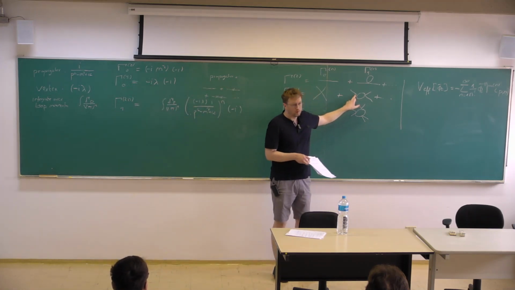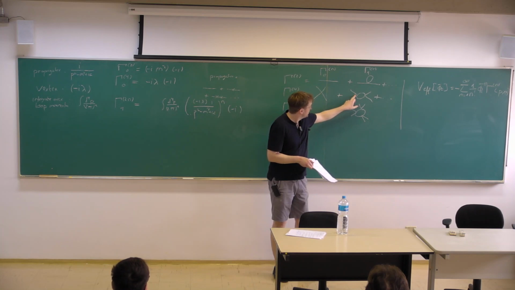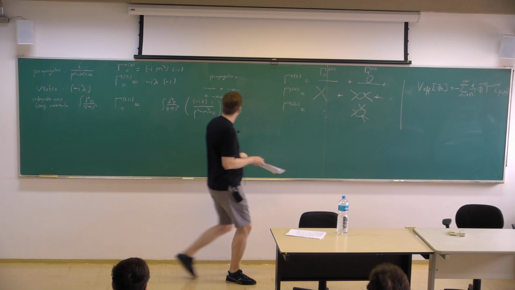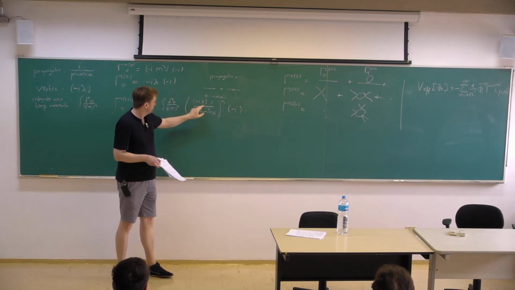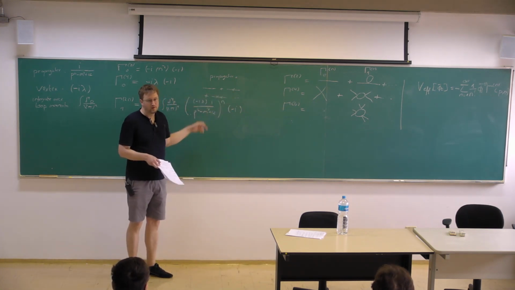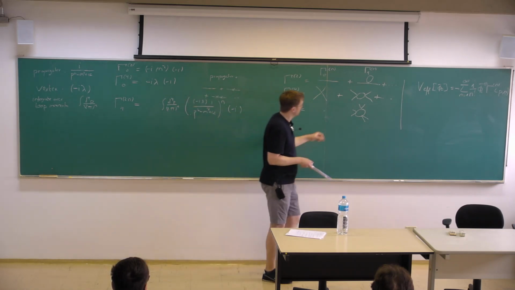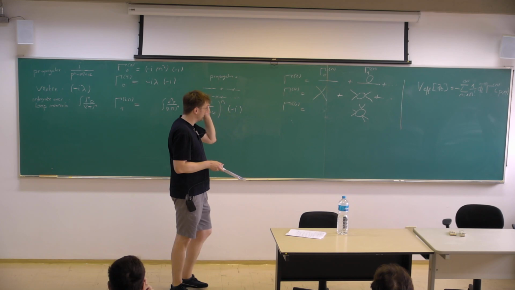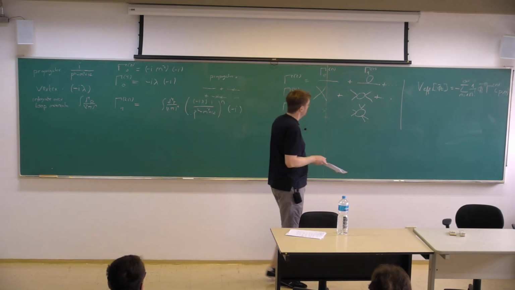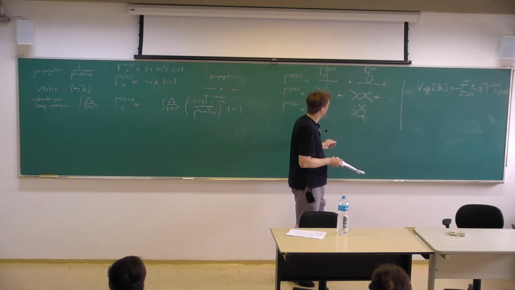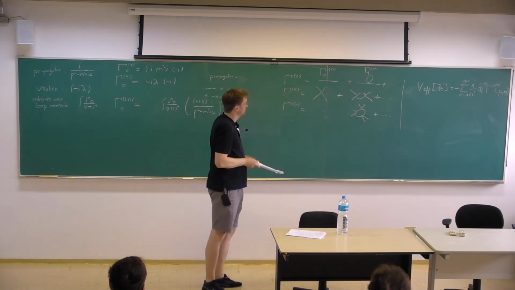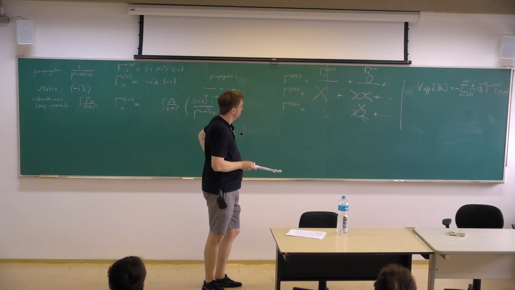So for 2 vertices, I have 2 vertices and 2 propagators. So I get the vertex propagator squared, and so on and so forth, right? So this is how I can build up all these diagrams to arbitrary number of outer particles. This is loop correction. This is not.